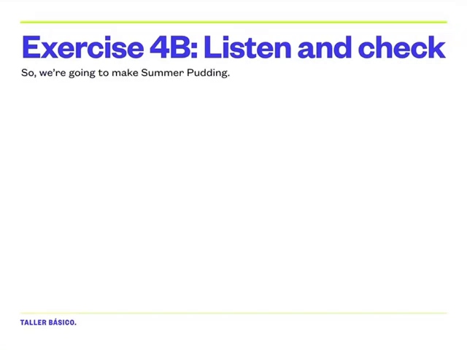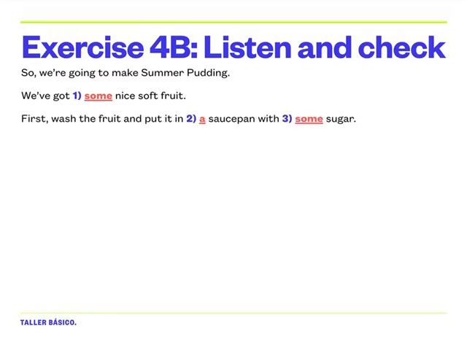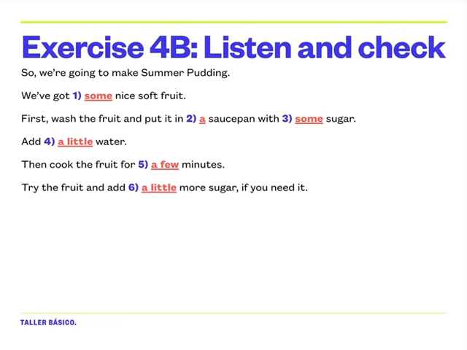So, we're going to make summer pudding. We've got some nice soft fruit. First, wash the fruit and put it in a saucepan with some sugar. Add a little water. Then cook the fruit for a few minutes. Try the fruit and add a little more sugar if you need it.